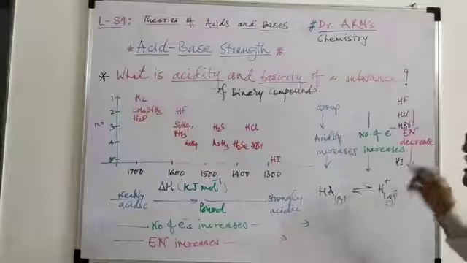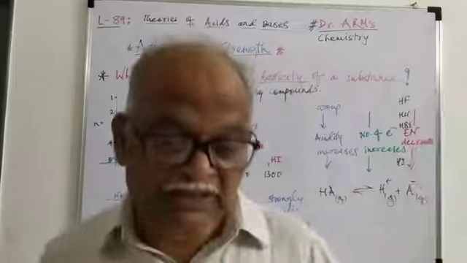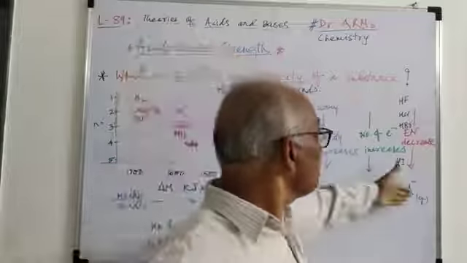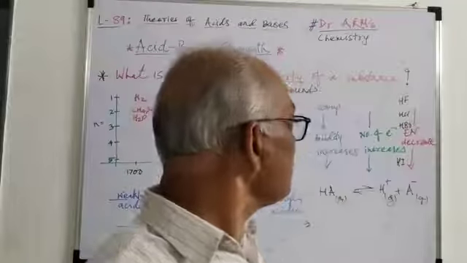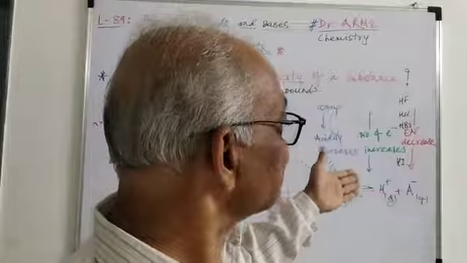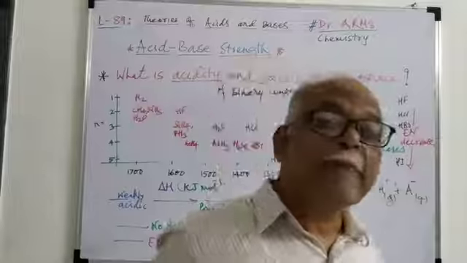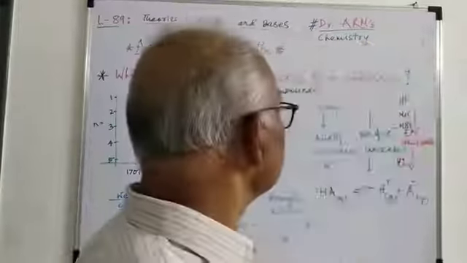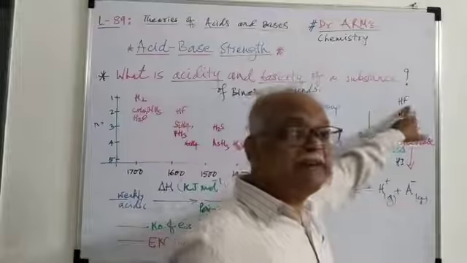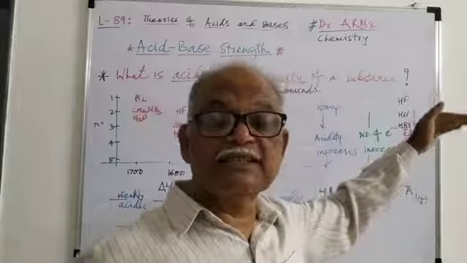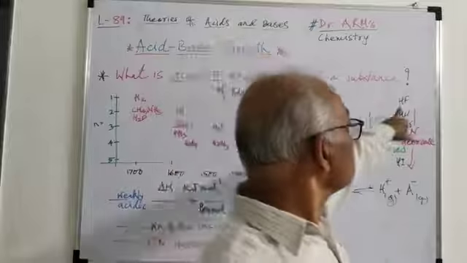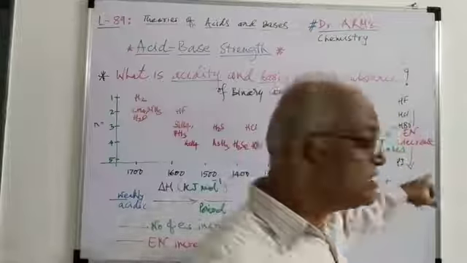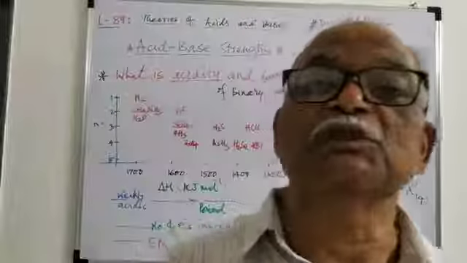In this way, as we move down the group, the affinity towards the proton and the electronegativity also decrease. The affinity is more with the element lying at the top of the group, because it is more electronegative, and electronegativity decreases as we move down the group.